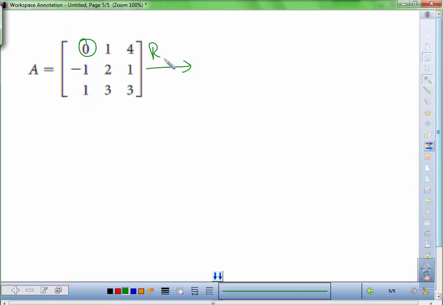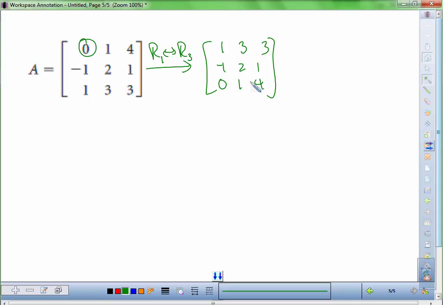So let's swap the third row and the first row. So now I can do what I need to do to get my LU decomposition, but we had an elementary matrix operation that we have to account for.